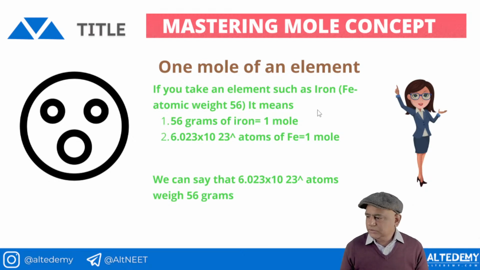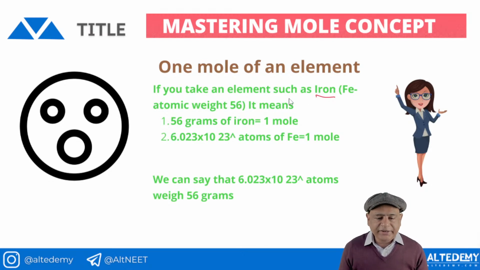Suppose we are taking an element, and that is iron. Very commonplace atom. You know that. Iron is an element, and when it is an element, obviously it will be composed of atoms only.